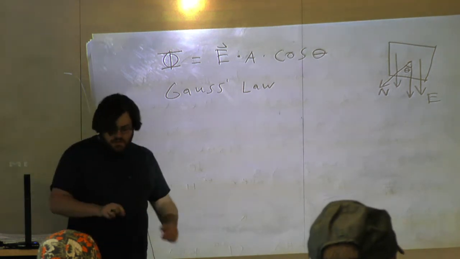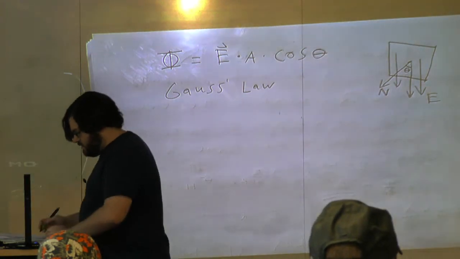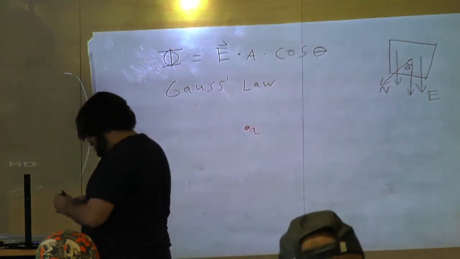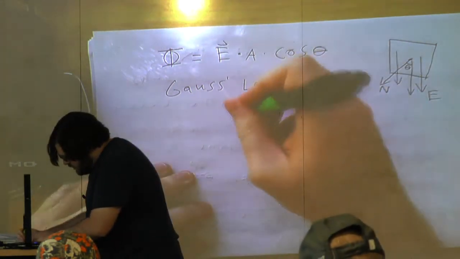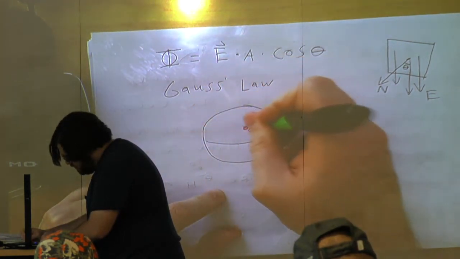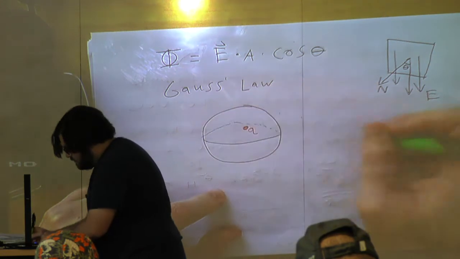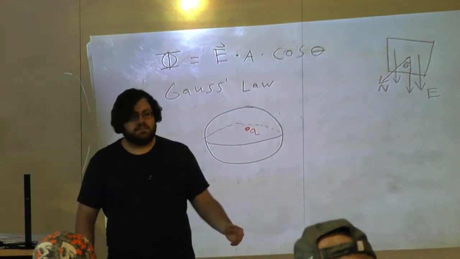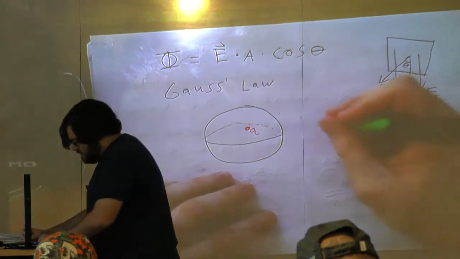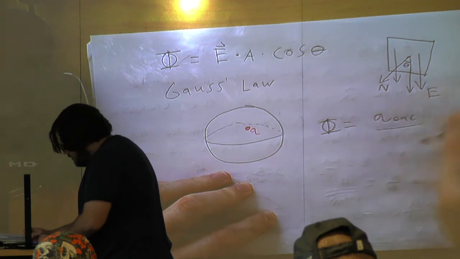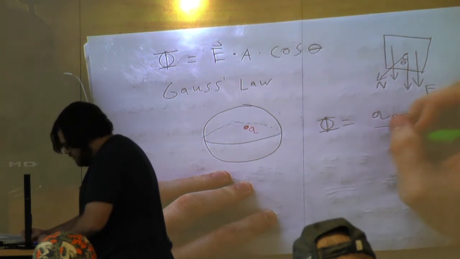So Gauss's law is designed to tell you about this. If I have a charge, Q, and this charge is enclosed in some kind of surface, then I can use Gauss's law to measure the flux through that surface. Gauss's law tells me that flux is equal to Q enclosed times what?